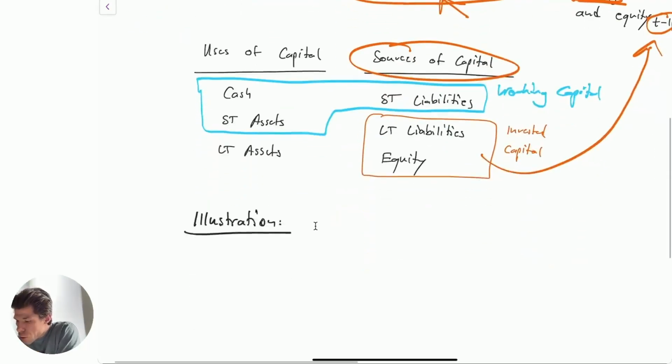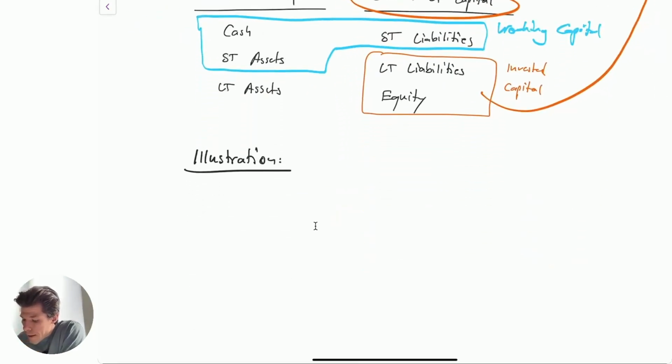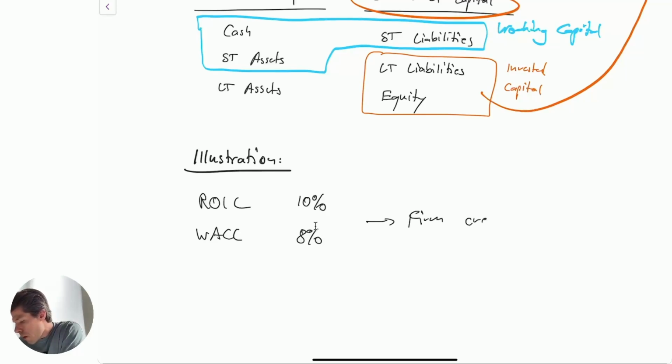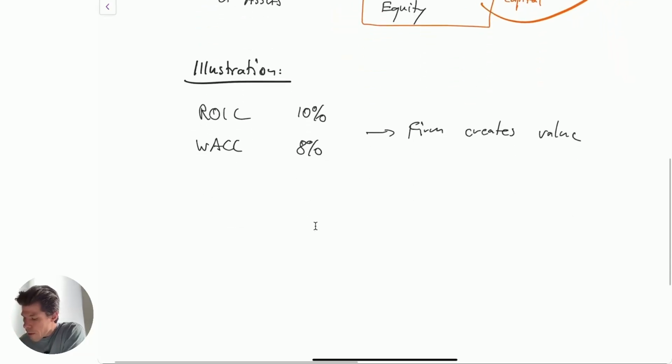So what does it mean to create value? If your return on invested capital is 10% and your weighted average cost of capital, WACC, is 8%, then the firm creates value. Why?